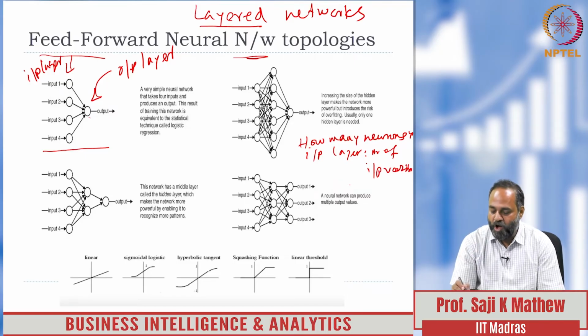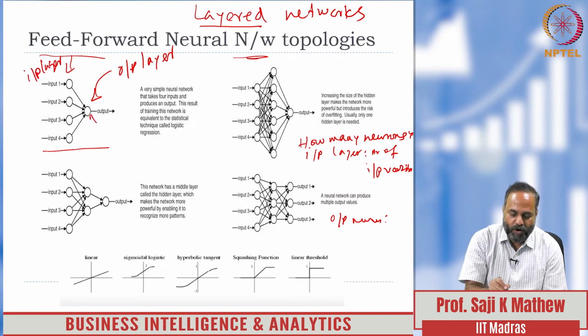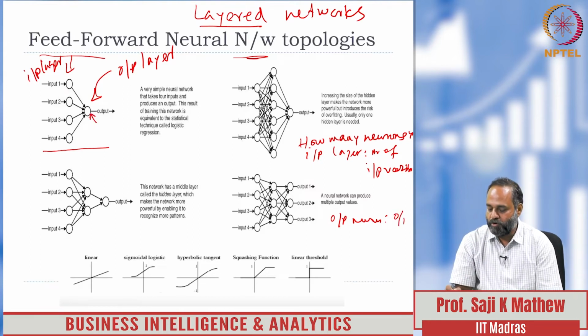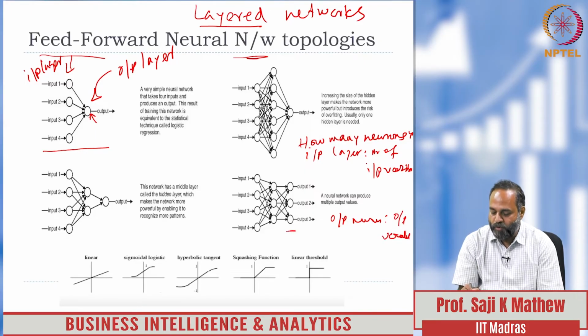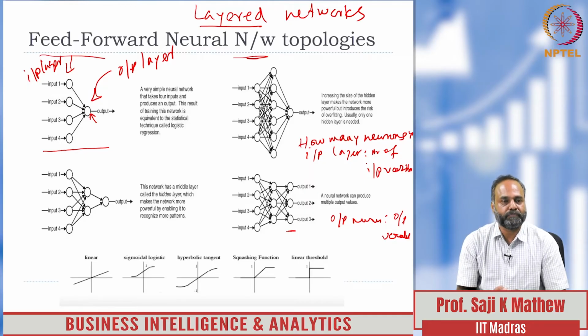Second problem, how many neurons in the output? How many neurons should be there in the output? Depending on how many output variables there are. If it is y equals f(x) and y being only one variable, there will be one output variable. But we see in one network there are 3 outputs. Are there cases when there is more than one output? Which is that case?